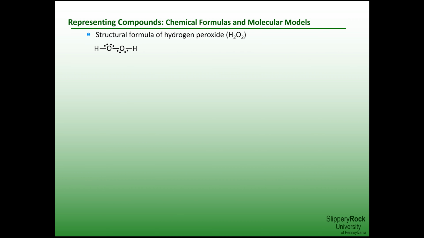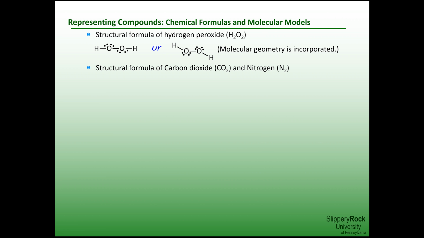Note that each oxygen has 2 lone pairs of electrons. In some drawings, the arrangement of bonds is adjusted to suggest molecular geometry, reminding us that molecules are not flat but exist in 3 dimensions. Similarly, the structural formulas of carbon dioxide, CO2, and nitrogen, N2, clearly indicate the types of bonds present.